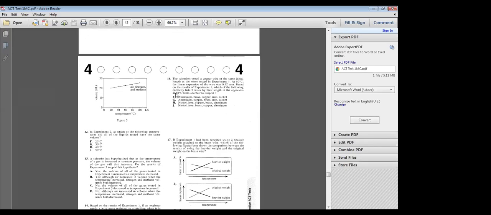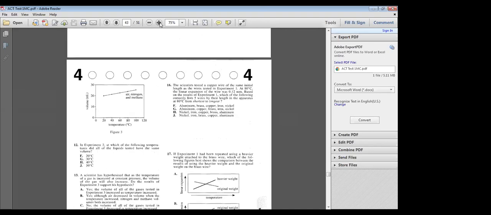Number 16. The scientists tested a copper wire of the same initial length as the wires tested in experiment 1. So we're adding something in. We're going to interpolate on this one. At 80 degrees Celsius, the linear expansion of the wire was 0.12 millimeters. Based on the results of experiment 1, which of the following correctly lists 5 wires by their length in the apparatus at 80 degrees Celsius from shortest to longest?